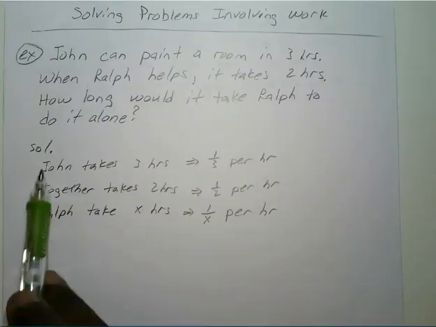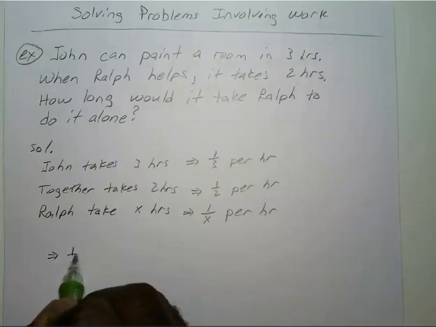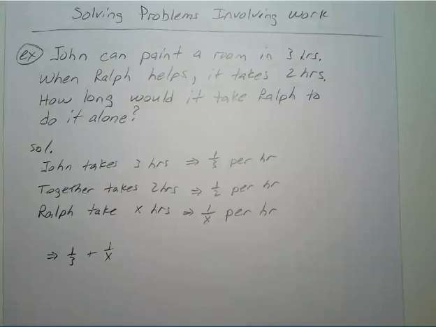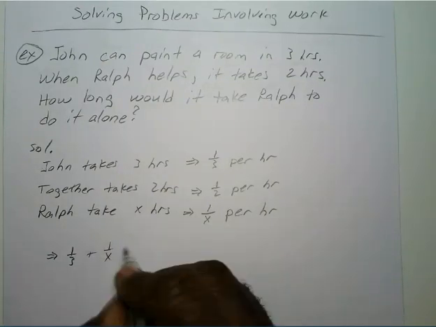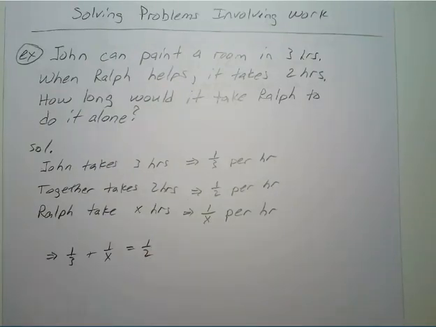So we know that with John doing 1/3, plus Ralph doing 1 over x per hour, they get half of the room done in that hour. So you have 1/3 plus 1 over x equals 1/2 of the room per hour.